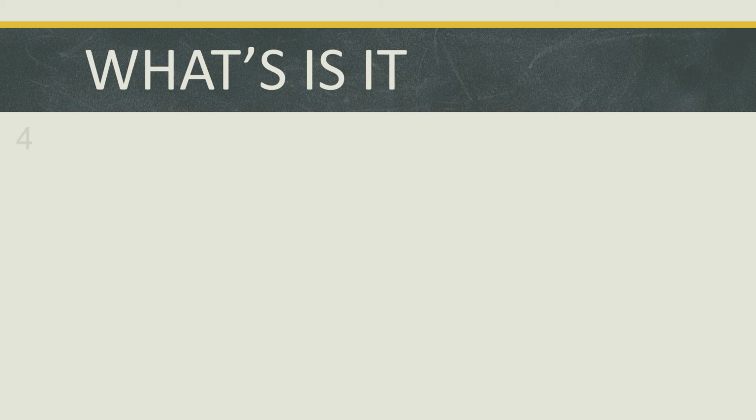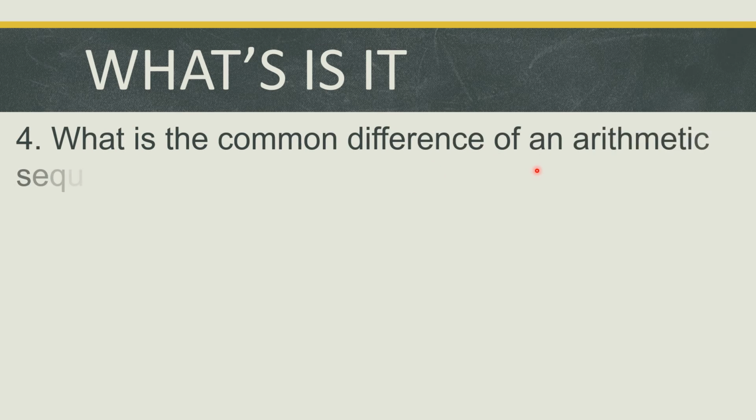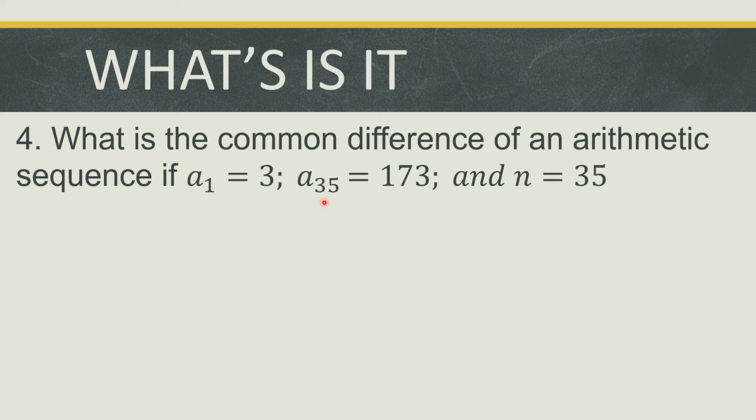Let's have our fourth example. What is the common difference of an arithmetic sequence if a sub 1 is 3, a sub 35 is 173, and n is equal to 35? Again, we need to identify the given.